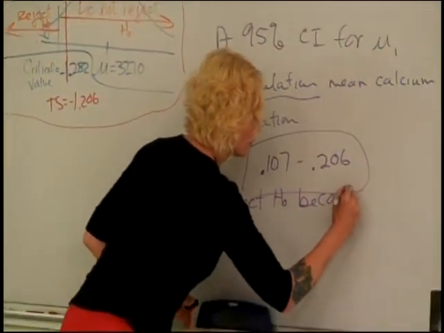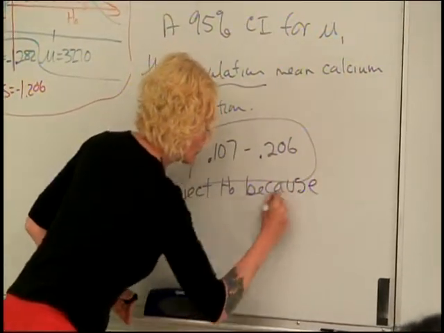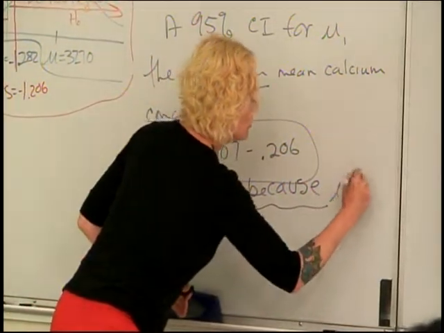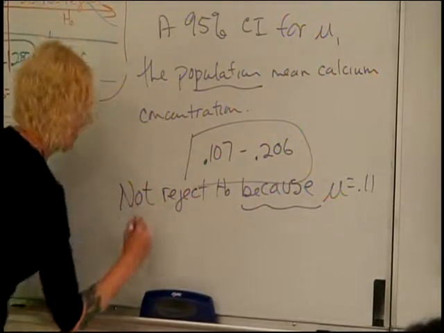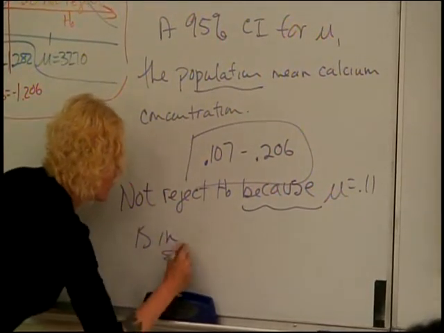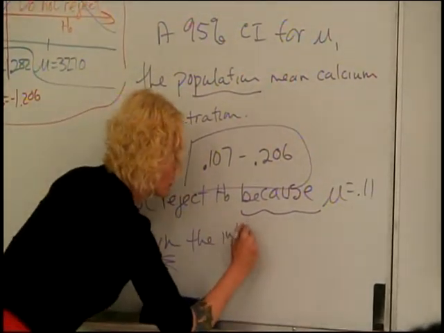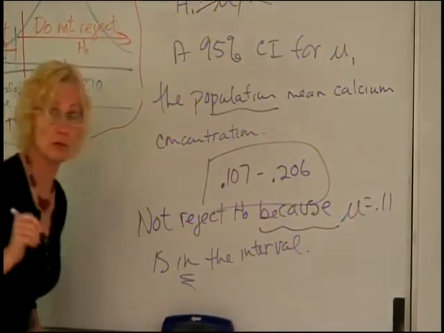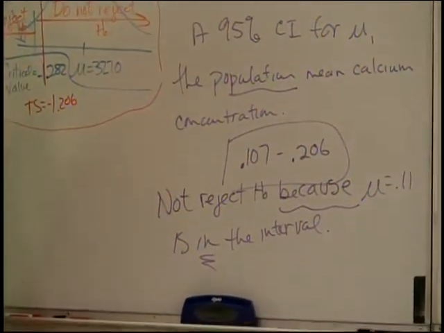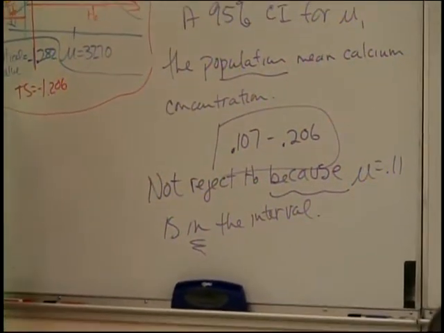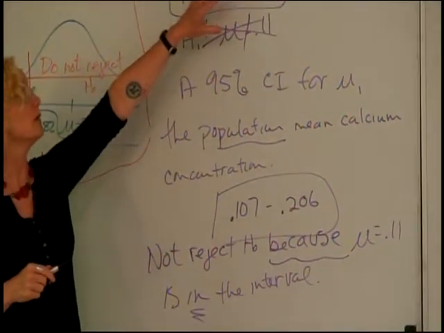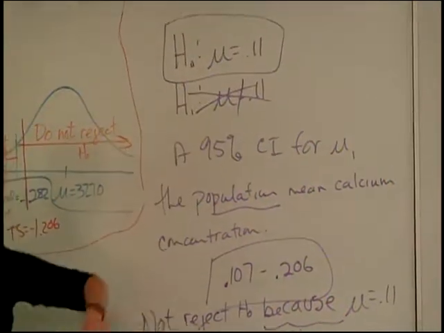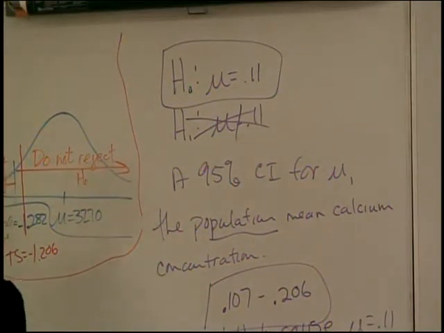because mu of 0.11, which is H0, is in the interval. That make sense? Okay, good. Now, if the interval did not contain 0.11, then you would reject.